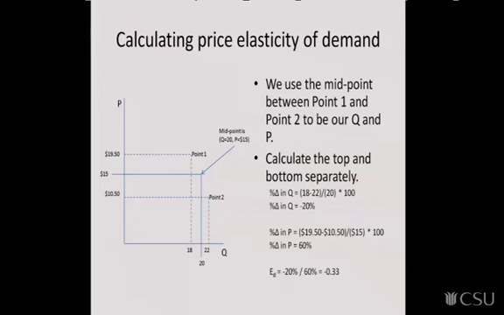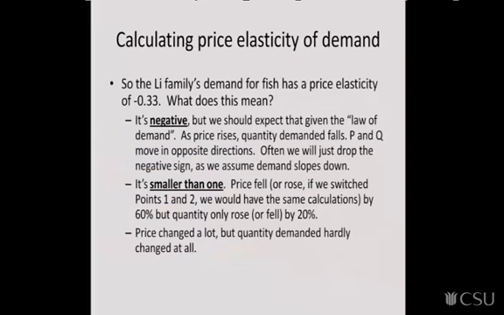Remember, the change in quantity was 20%, the change in price was 60%. So the change in quantity is 1/3 the change in price, the ratio of these two percentage changes. So the Lee family's demand for fish has a price elasticity of demand of 0.33 or negative 0.33, whichever way you want to present it.